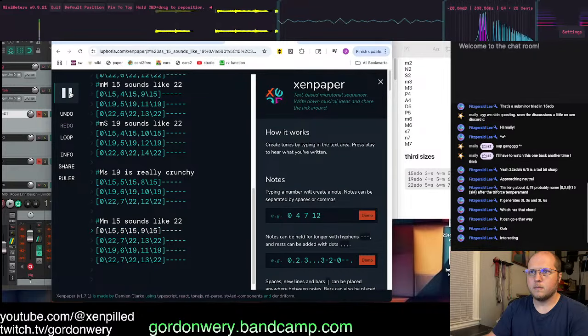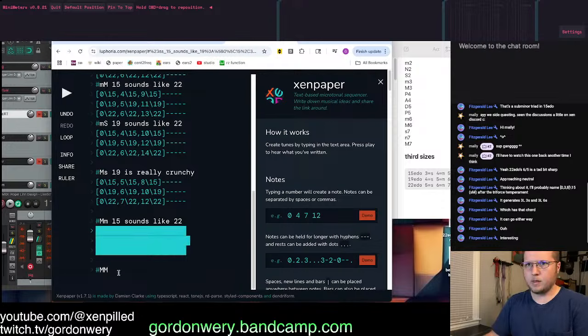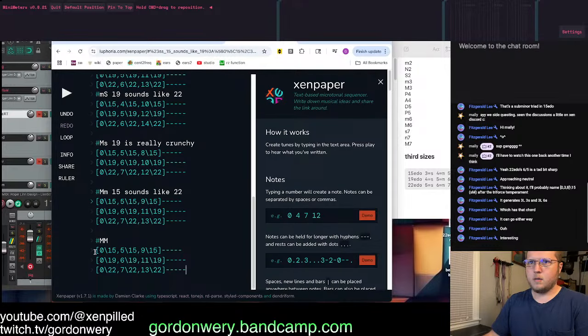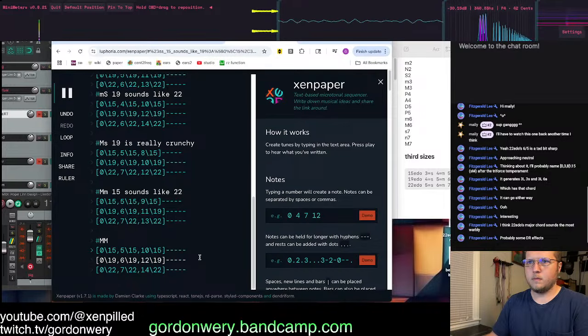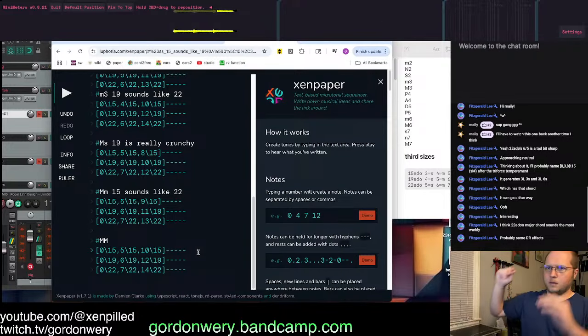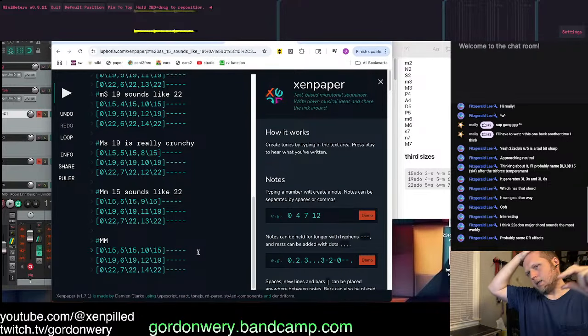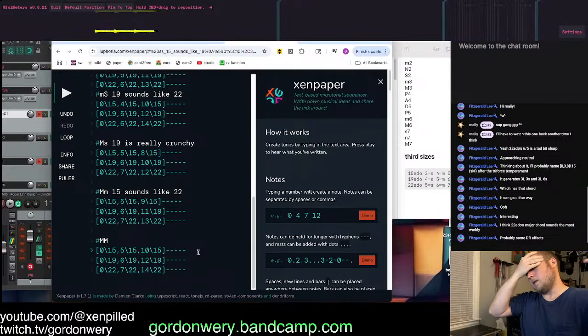15 has got that really blended but stretchy sound. I guess it's that DR thing. And then let's try this. Okay, this makes sense because the major thirds in 19 and 22 are both kind of flat.